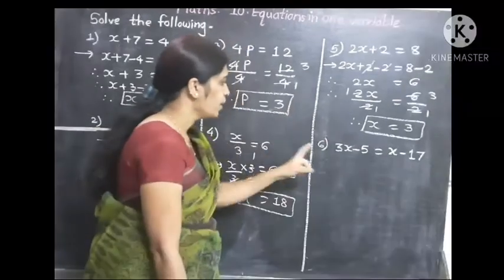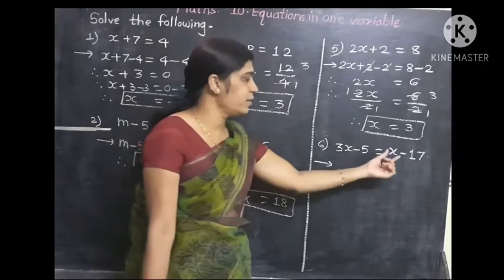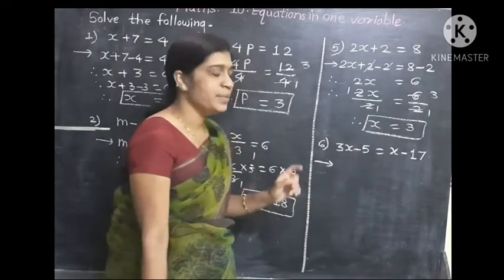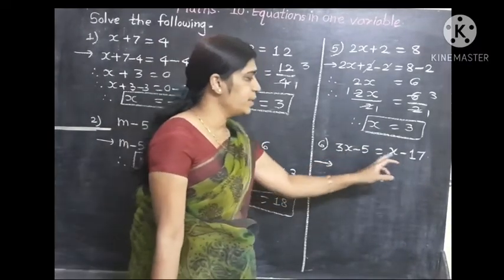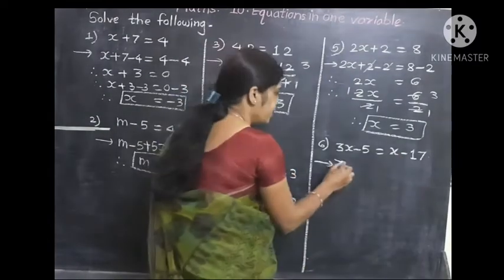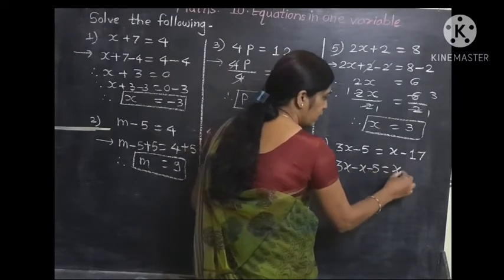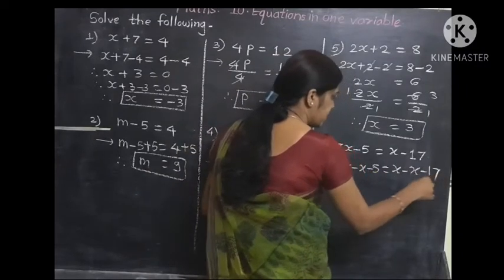Okay, and last one see, collect the like terms. X means here subtract both sides by x. Means 3x minus x minus 5 is equal to x minus 17.